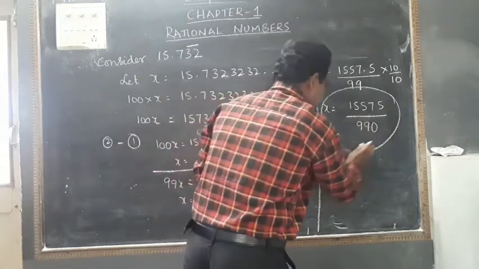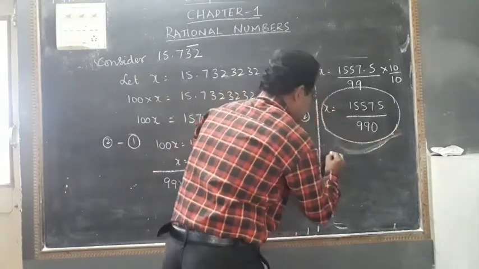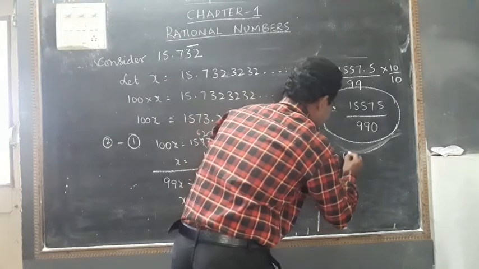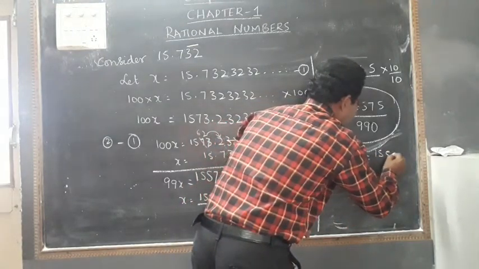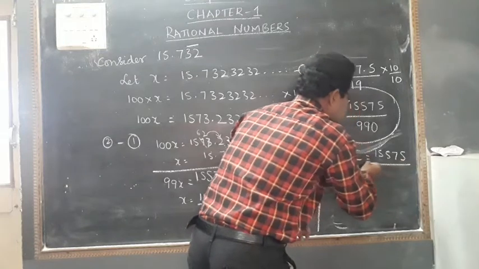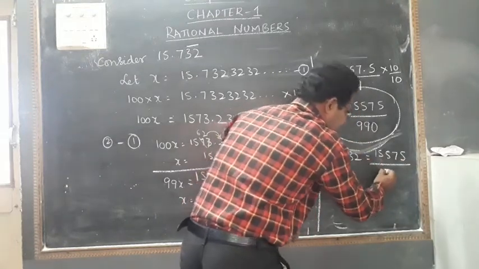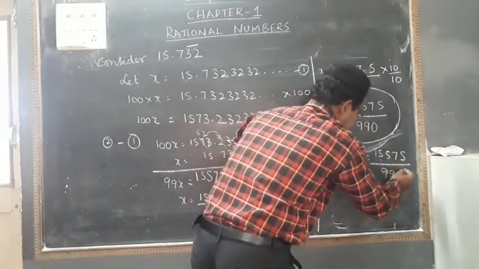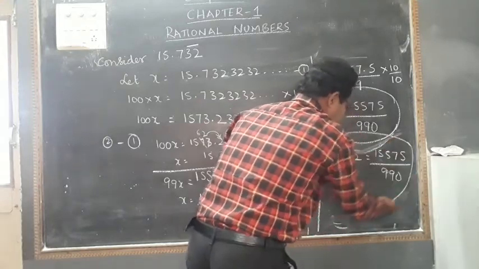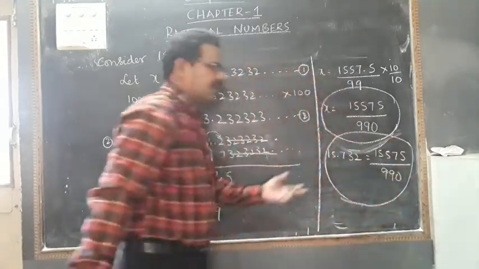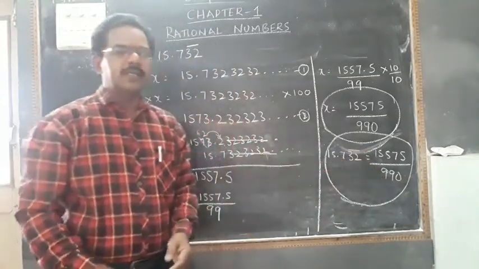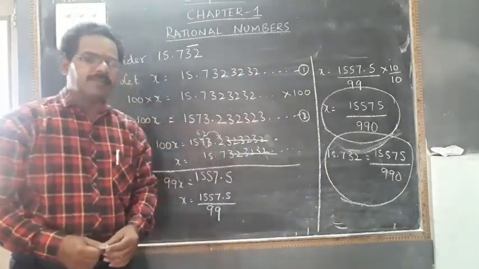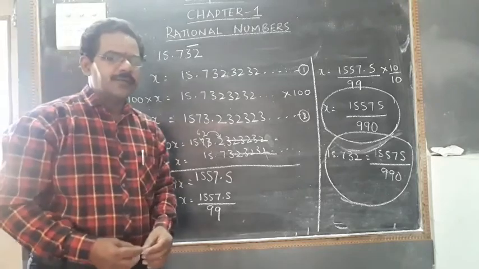So from this we can say 15.732 bar can be written as 15575 by 990. This also can be simplified because 5 and 0 are there. We can divide the numbers and write it in the simplest form. Okay, did all of you understand?